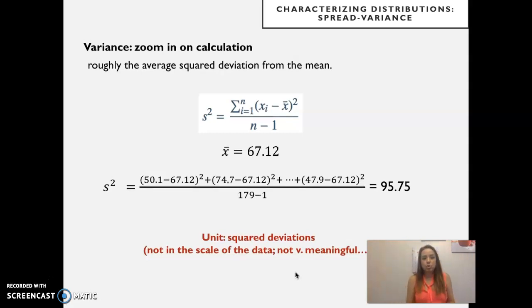So, variance, zooming in on the calculation. What is the variance then? We're taking all of these deviations from the mean, squaring them, summing them all, and dividing by roughly the number of observations, with a little correction, as I said. So really, roughly, we have the average squared deviation from the mean.